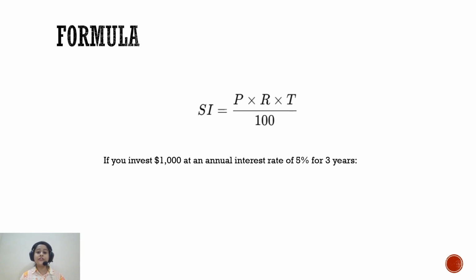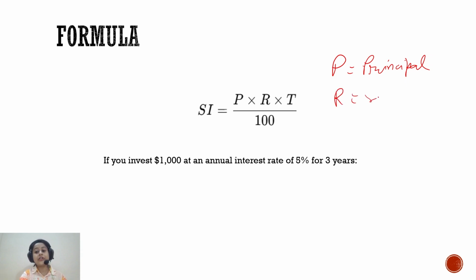This is how simple interest is calculated, where SI, simple interest, is equal to P into R into T by 100. Now what do P, R, T mean? P is the principal amount, that is the base amount on which you have to pay interest if you have borrowed money.